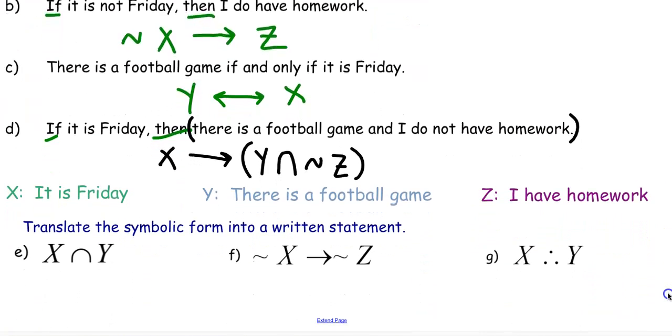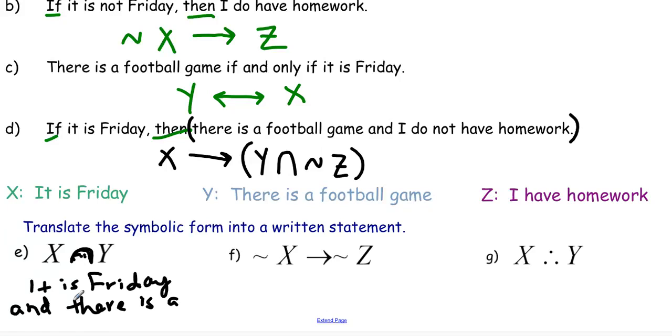So if we look at actually translating using these same concepts, X and Y is what this one reads. Upside down U, which would look like an A, right? Then X and Y would mean it is Friday and there is a football game. If we look over here, this is my if-then statement. So be careful with these arrows that you recognize.